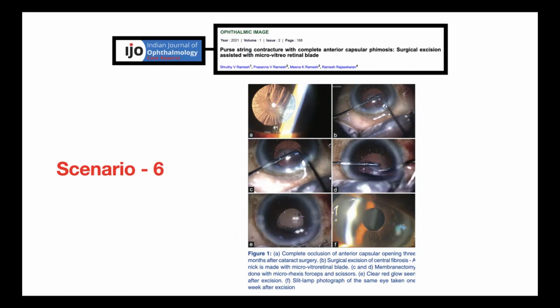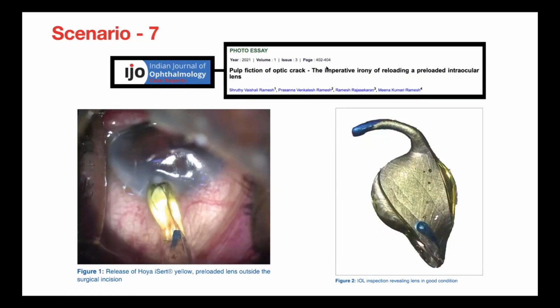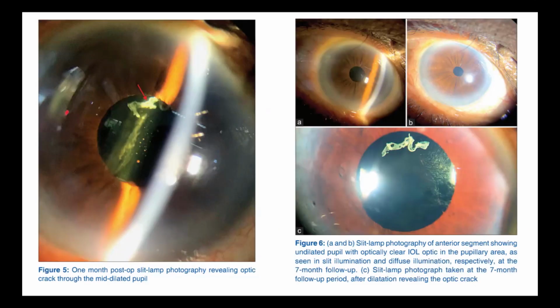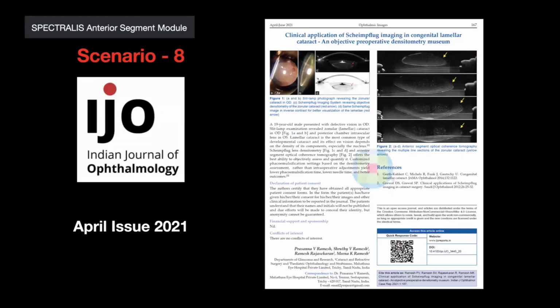publications from our institute, again, anterior capsular phimosis. How did we use a micro MVR blade to just nick it out and open it out? Again, now the crack of a Hoya lens when an Alcon cartridge was used to inject it. So small things daily in your practice, when it happens, document it, keep documenting it.